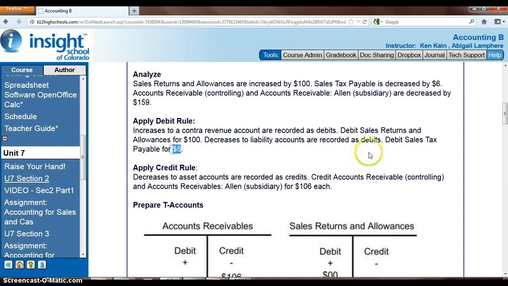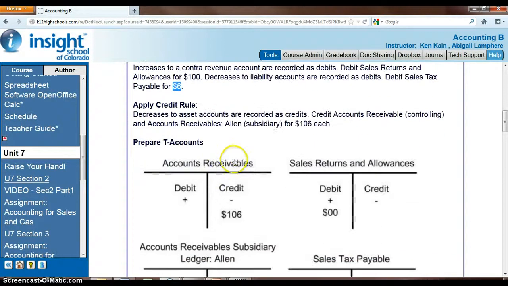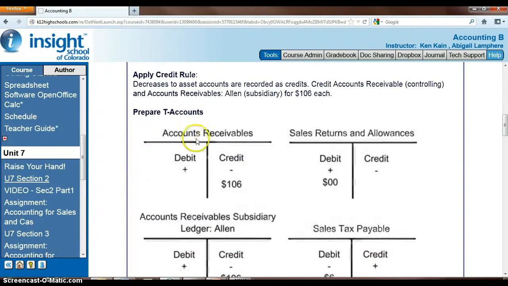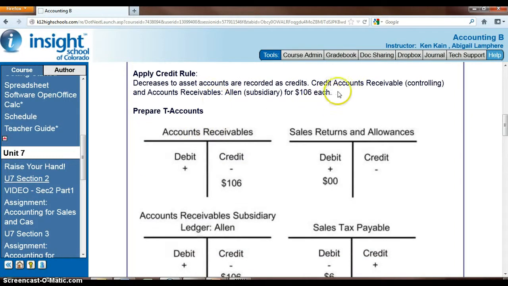We're going to decrease that by $6 because we increased it when we made the sale for $6. So now we get to take that $6 out because he is returning the item. So we're applying the debit rule to both of those recordings. And then the credit rule will apply to our accounts receivable accounts, the controlling and subsidiary, for $106 each.